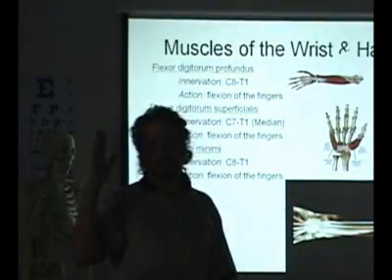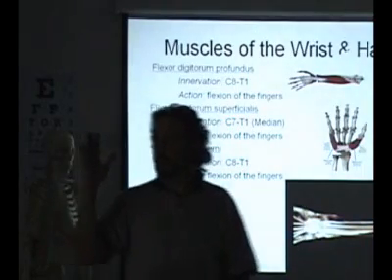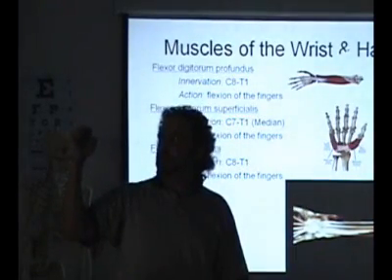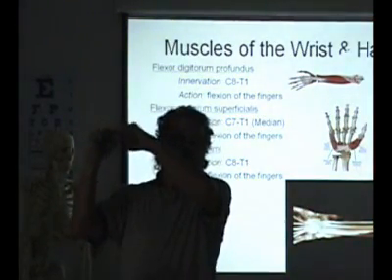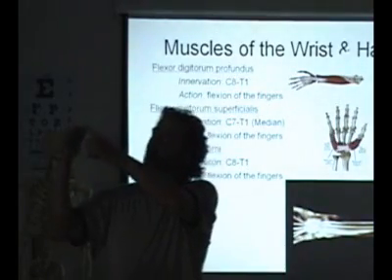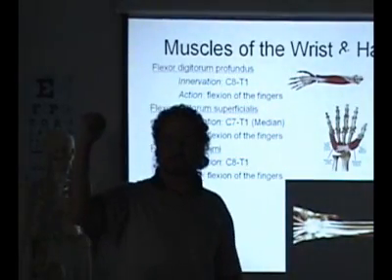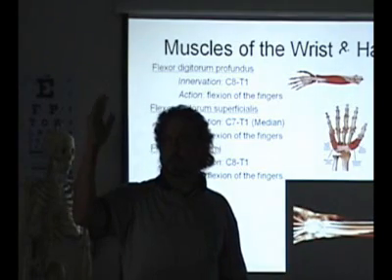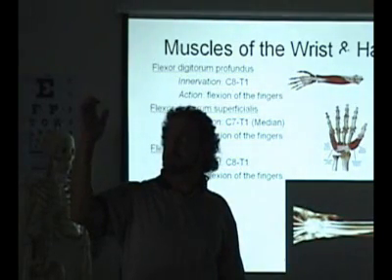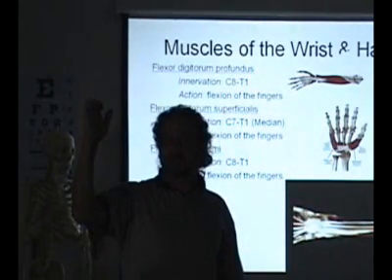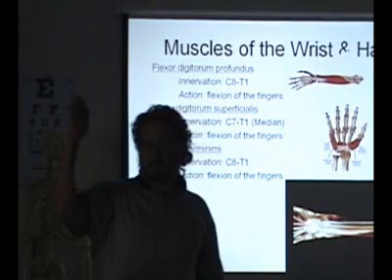So you make a fist three different ways, right? You can make a fist where you bend all the joints, the MCP, the PIP, and the DIP. So that's one way to make a fist. The other way is you just do the interphalangeal joints, and then the MCP stays straight.